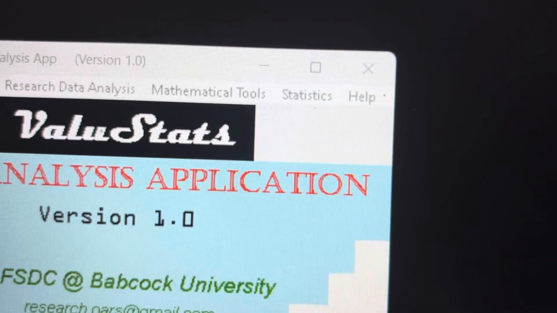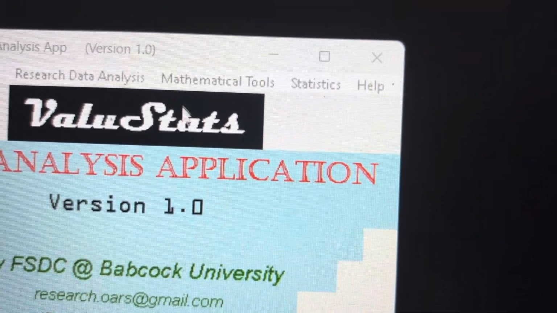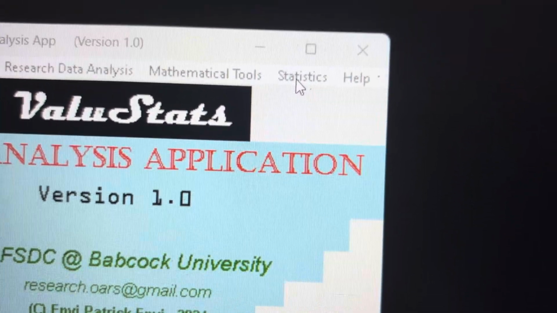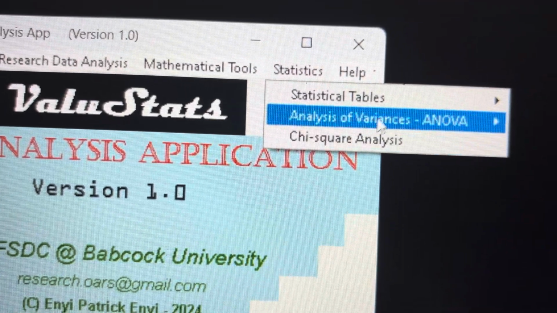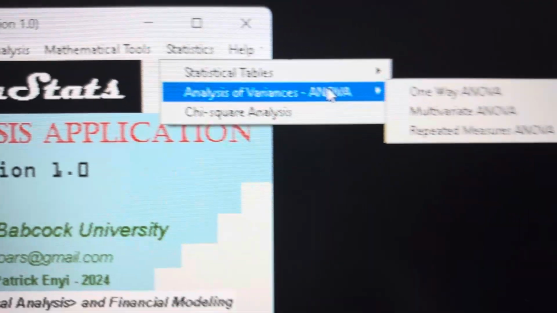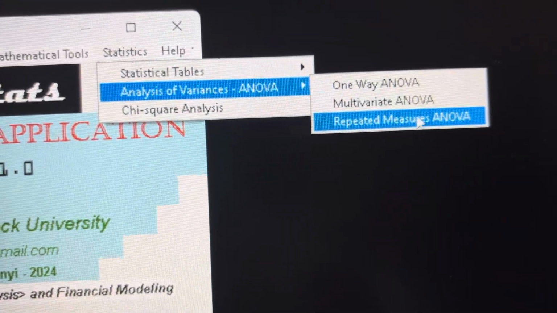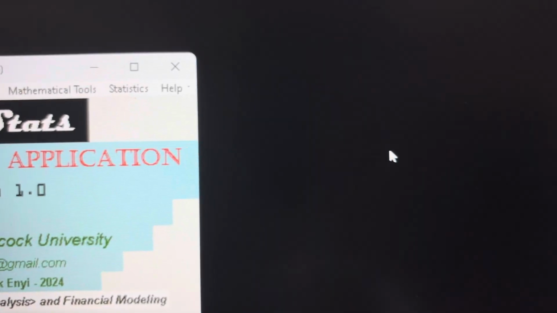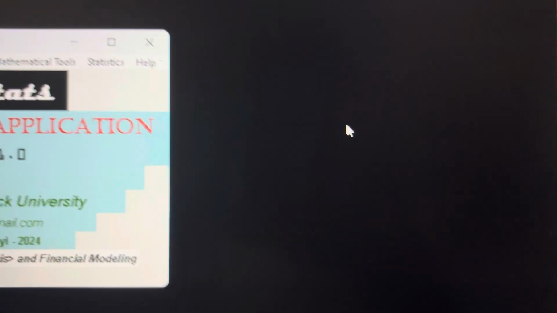We go back to our menu, statistics, analysis of variances, repeated measure analysis, ANOVA. Then we wait for the form. And this time around, we better not miss it.